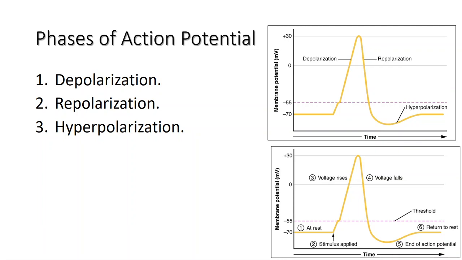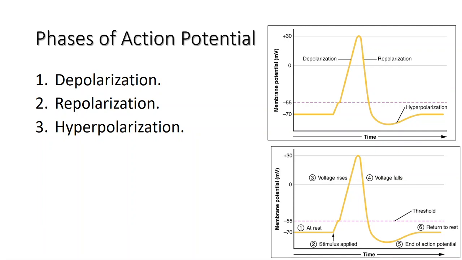These phases of the action potential are related to specific changes in the membrane voltage. At rest, the membrane voltage is minus 70 millivolts. The membrane begins to depolarize when an external stimulus is applied. The membrane voltage has a rapid rise during depolarization phase and reaches to plus 30 millivolts.